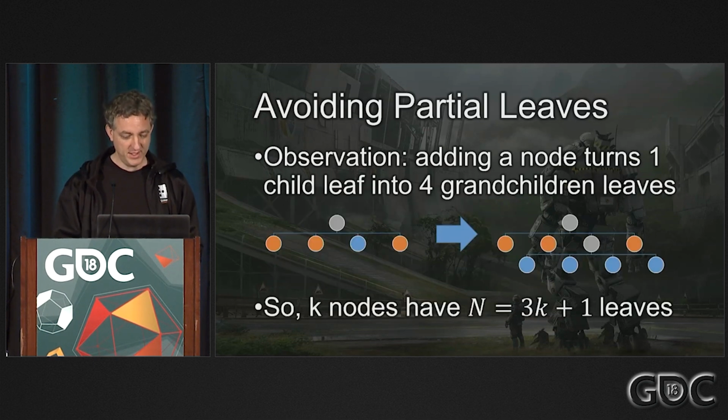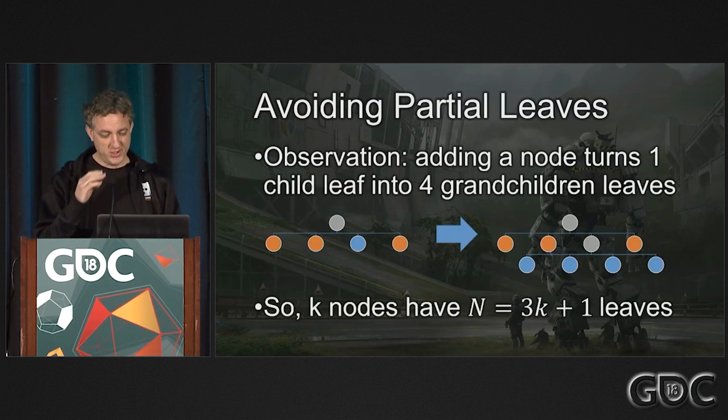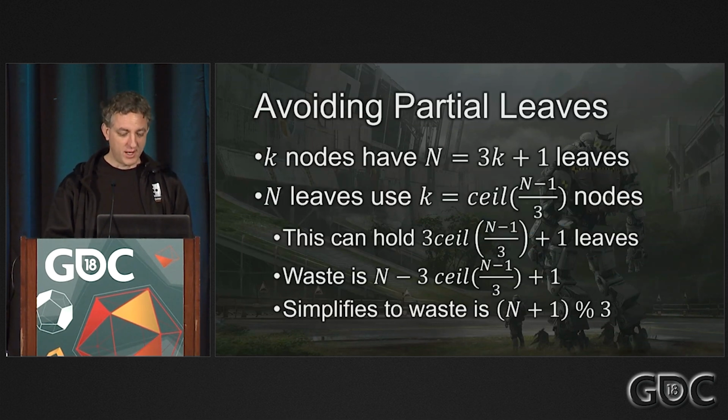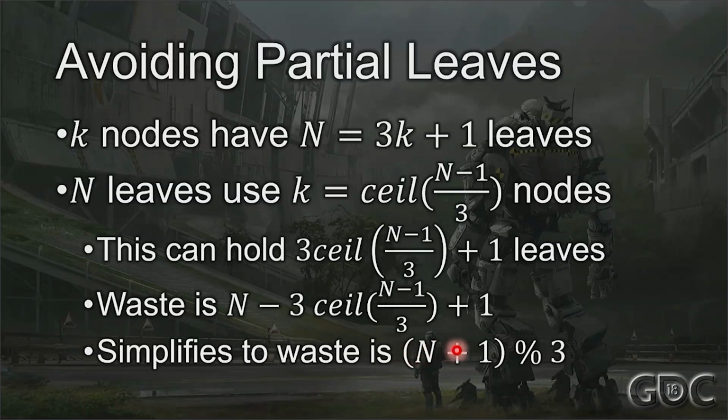Yes. So first, an observation. Adding a node turns 1 child leaf into 4 grandchildren leaves, which is a difference of 3 leaves. And at the root, 1 node has 4 leaves, so you have 3k plus 1 leaves for k nodes. So you can solve and find out that if you have n nodes in a subtree, you're going to waste (n plus 1) modulo 3 leaves.